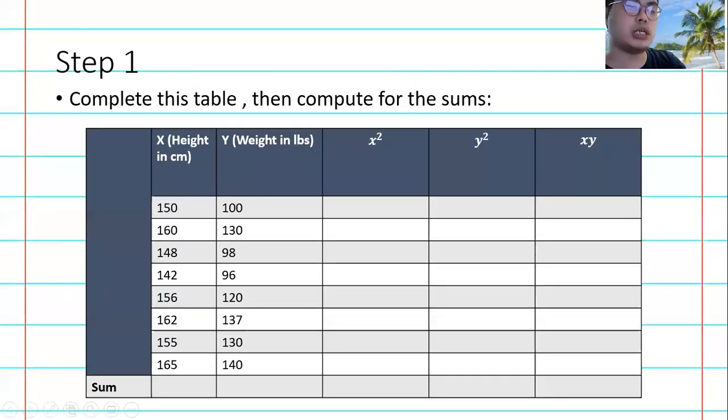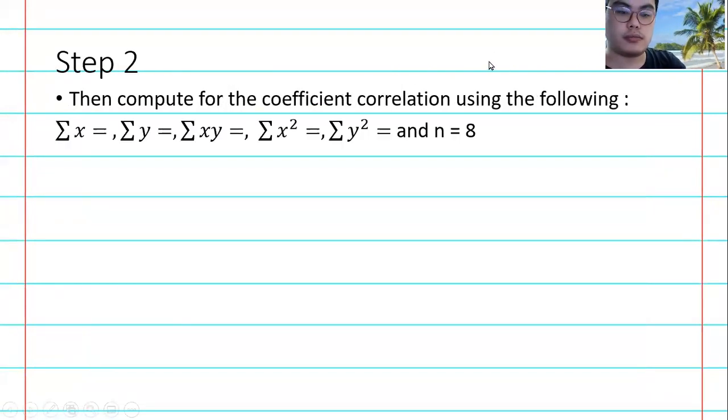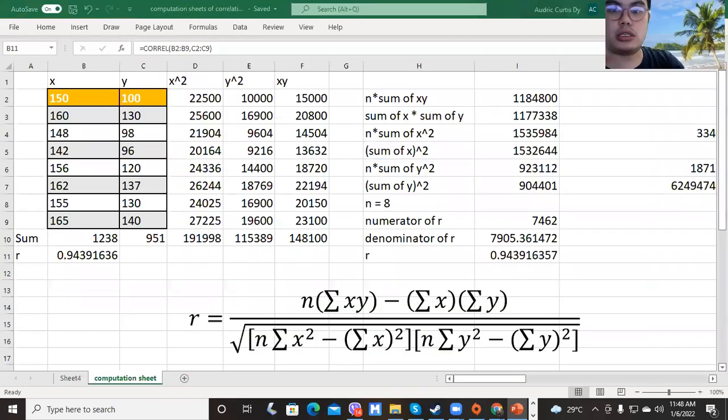Now we're going to transfer all the data here. Let me transfer.